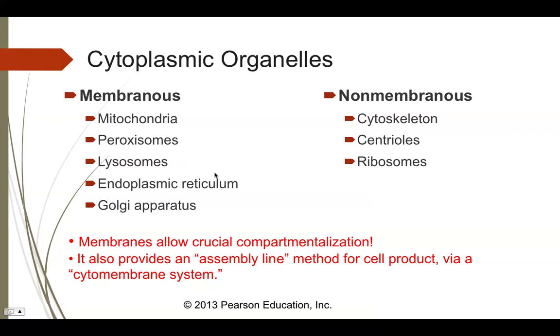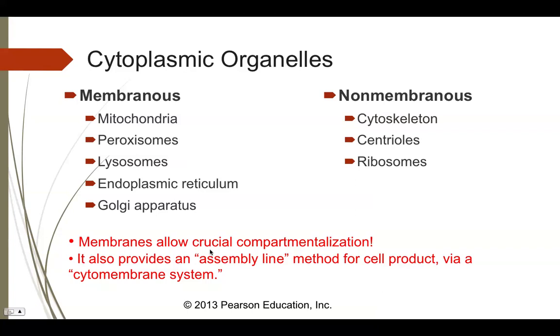Then we have endoplasmic reticulum and the Golgi apparatus. All of these cytoplasmic organelles are bound with membranes. The non-membranous cytoplasmic organelles include the cytoskeleton that gives the cell its structure, centrioles, and ribosomes.